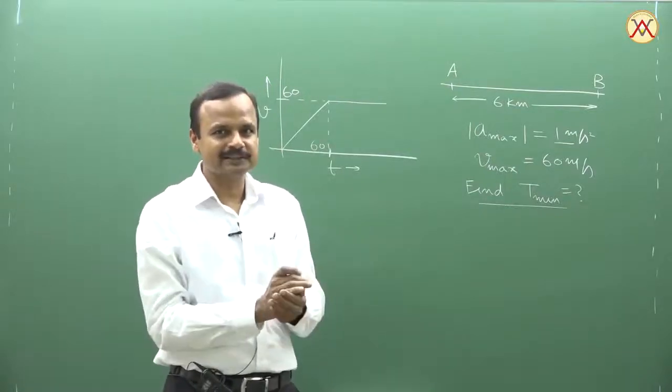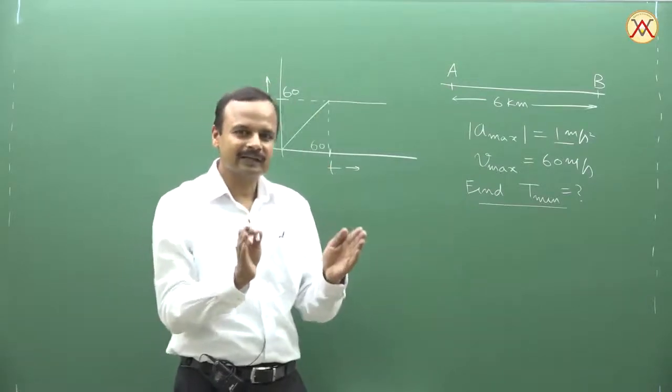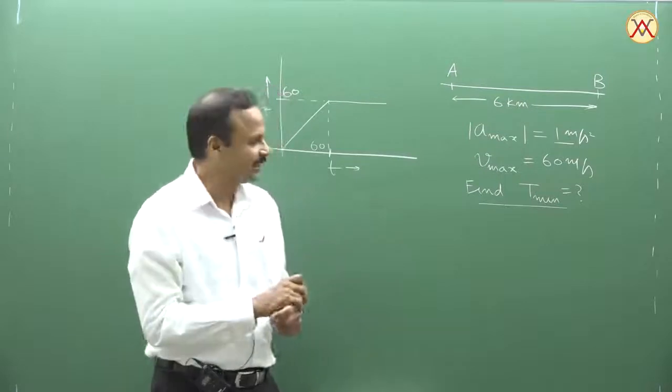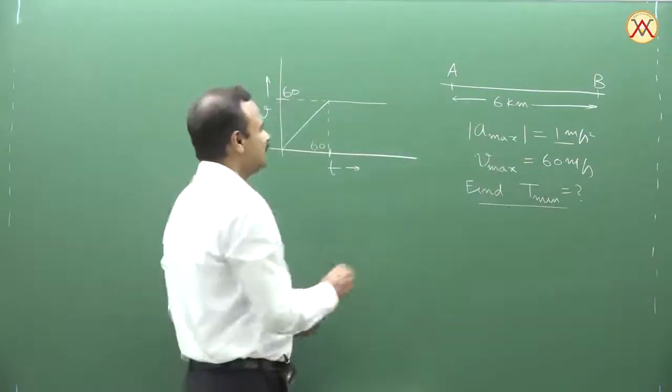So the time of retardation we will try to keep minimum. And the time of retardation will be minimum if we choose maximum retardation. And the maximum retardation is also 1 meter per second square.